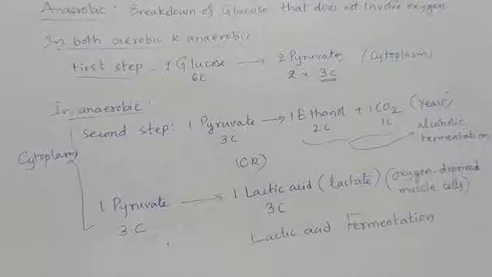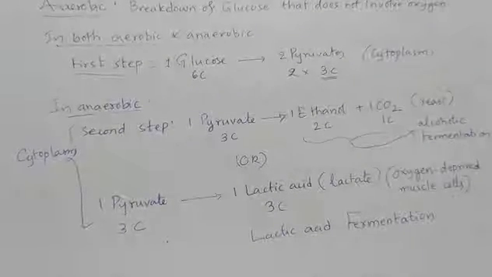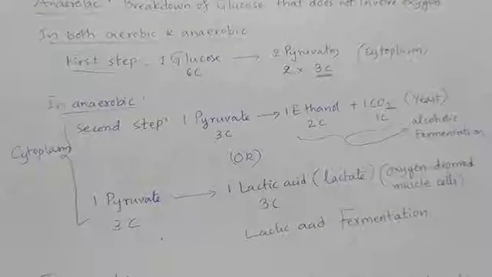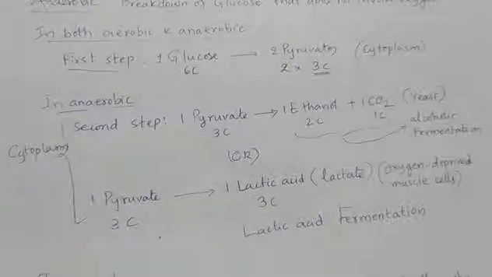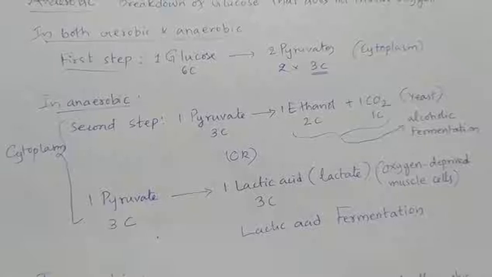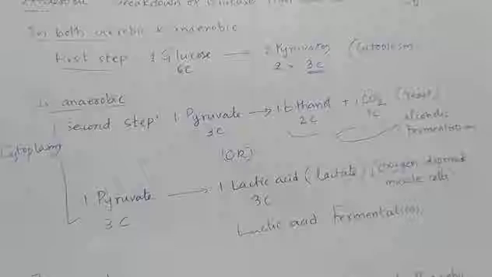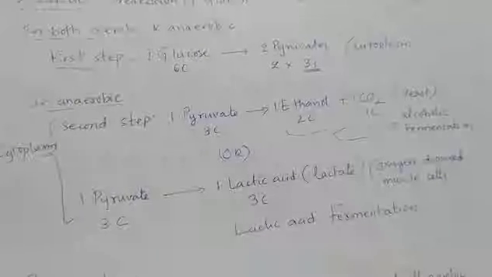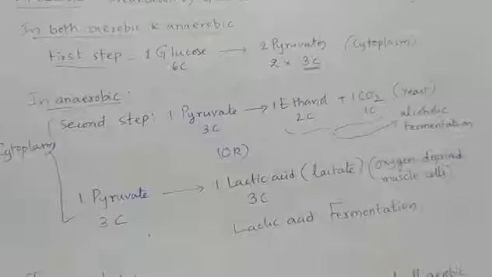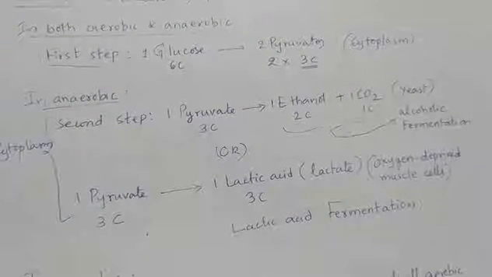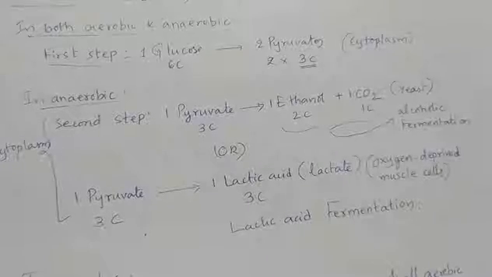In both aerobic and anaerobic respirations, the first step is common, in which oxygen is not utilized. In the first step, what happens? Glucose is broken down into two pyruvate molecules. Glucose is a 6-carbon molecule which is broken down into two 3-carbon molecules.